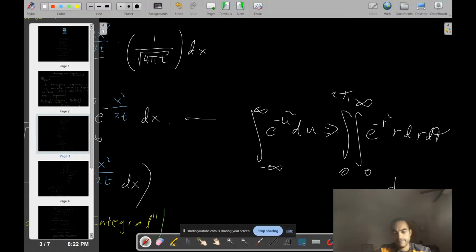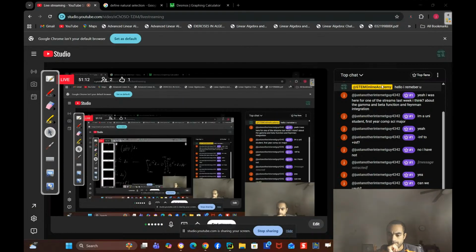So the range for theta has to go from 0 to 2 pi.